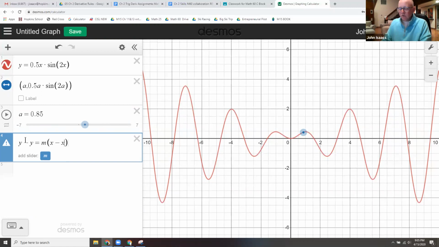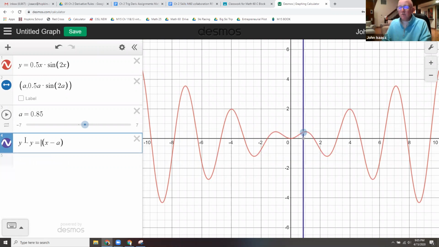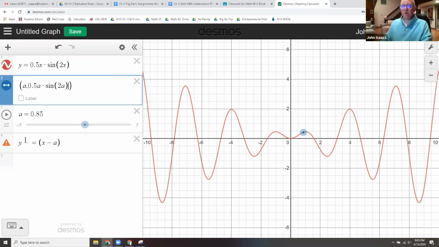Instead of x, we're going to use a. We're definitely not going to use m. Let's just leave that out for now, but that's the place we need to put our slope. And then y minus y1, well, again, our y value at any point a is this 0.5a times sine of 2a. I'm just going to actually copy that down to here.